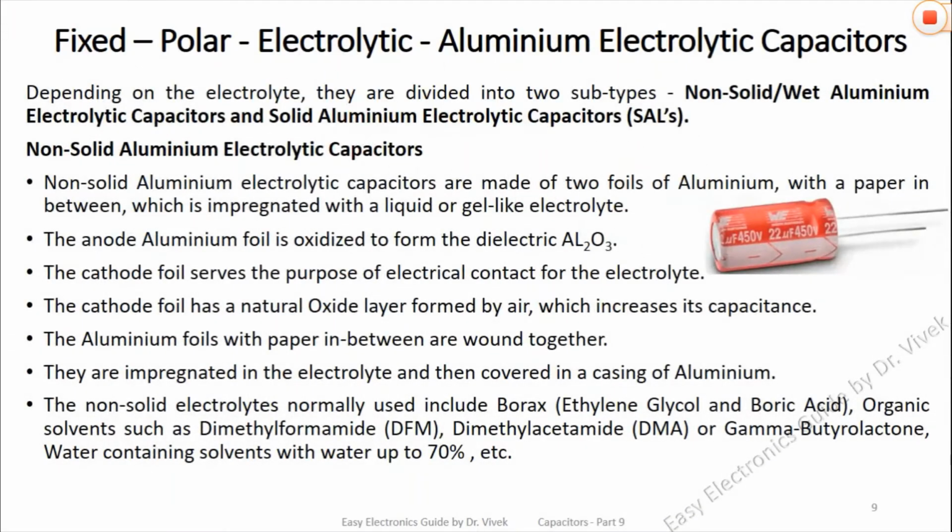Depending on the electrolyte, aluminum electrolytic capacitors are divided into two: non-solid or wet aluminum electrolytic capacitors and solid aluminum electrolytic capacitors. Non-solid aluminum electrolytic capacitors are made of two foils of aluminum with a paper in between, which is impregnated with a liquid or gel-like electrolyte.